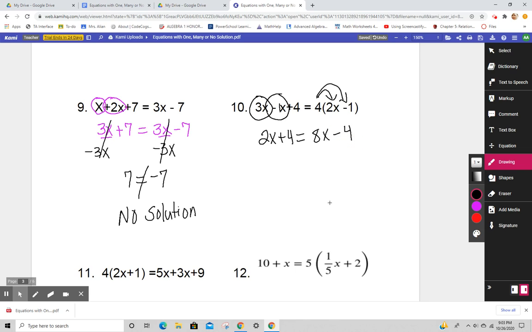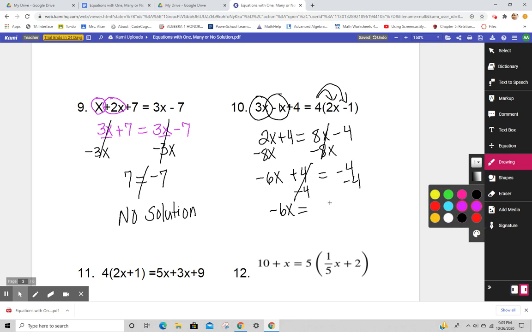Let's subtract 8x from both sides. And this will give us negative 6x plus 4 equals negative 4. Subtract 4 from both sides. Negative 6x equals, you're combining negative 4 plus negative 4, which is going to give you negative 8.